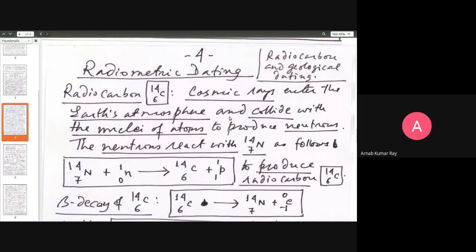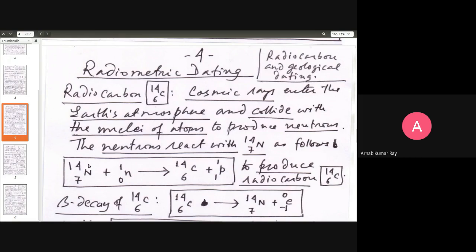Cosmic rays enter the Earth's atmosphere and collide with the nuclei of atoms to produce neutrons. So it collides with the atoms or molecules in the upper atmosphere, and the collision process produces neutrons. These neutrons in turn react with normal nitrogen that is found in the atmosphere.